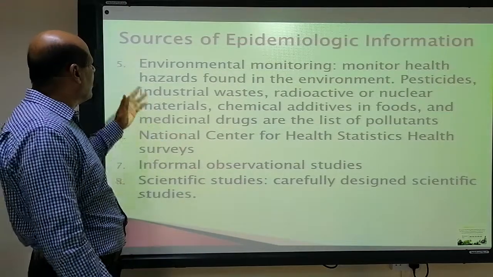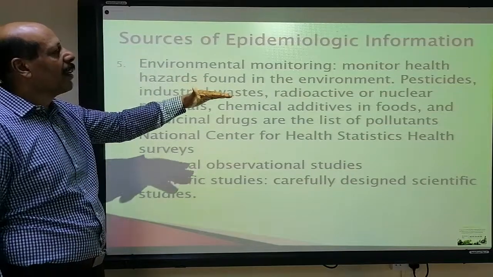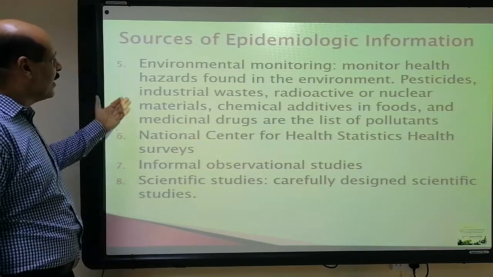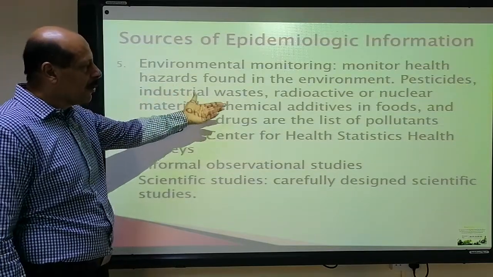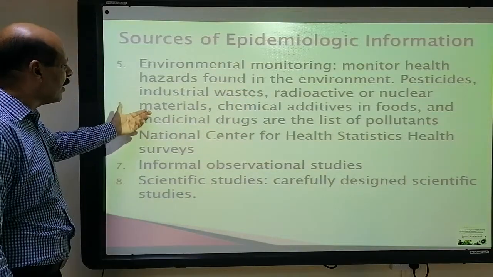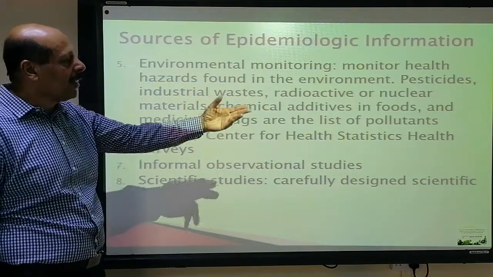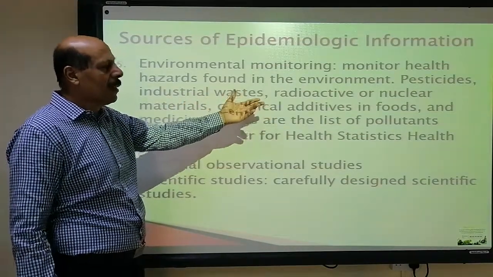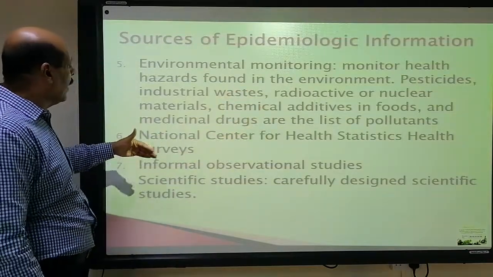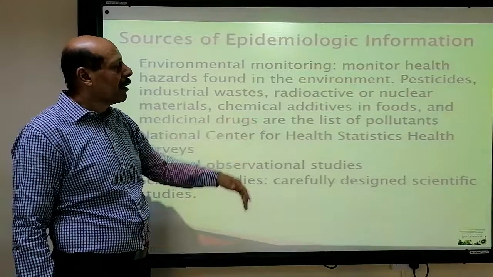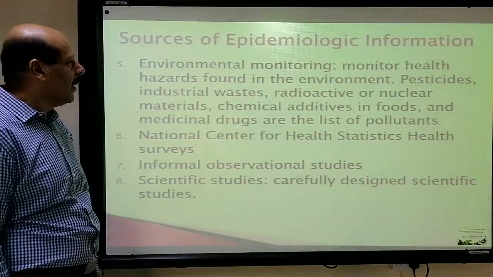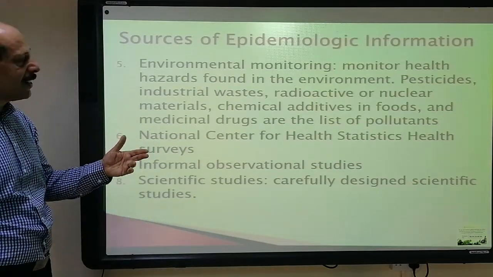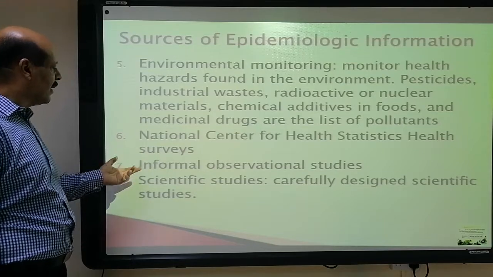Another source of epidemiological information is environmental monitoring of health hazards found in the environment: pesticides, industrial waste, radioactive or nuclear material in the community, chemical additives in food and their effect on the body, and medical drugs are on the list of pollutants. Also, the National Center for Health Statistics conducts health surveys.